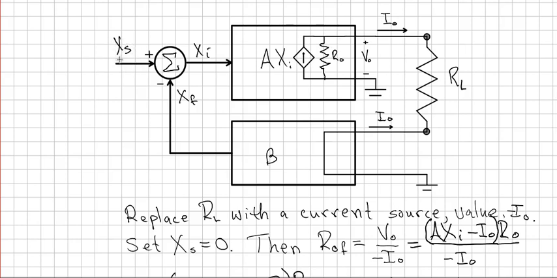So when we do that, we end up with output resistance after feedback, which is V out divided by minus I out. And V out can be written as AXI minus I out times R out. And then we still have the minus I out in the denominator.